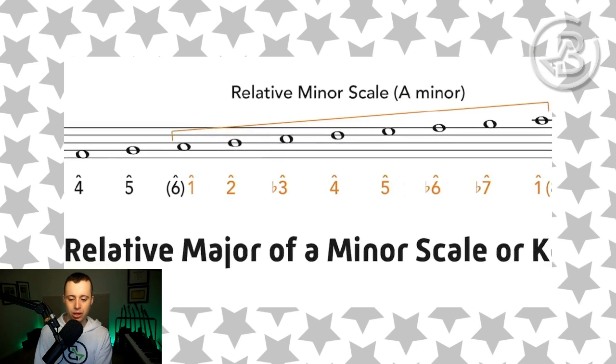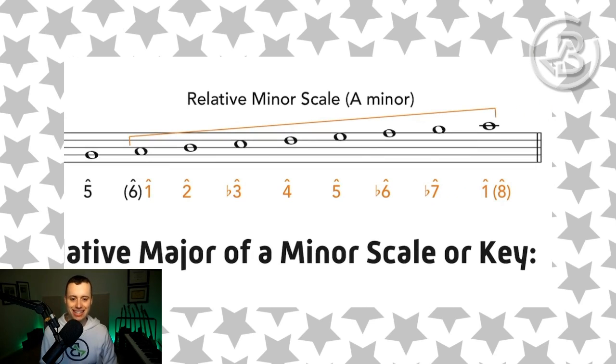And we keep on going up the C major scale, A, B, C, D, E, F, G, A. And sure enough, those are the same exact notes as the A natural minor scale. So how we find the relative minor of a major scale is we count up to scale degree 6. I will see you in the next lesson.